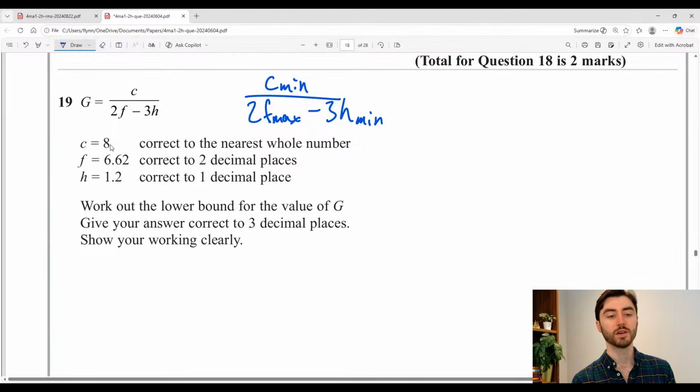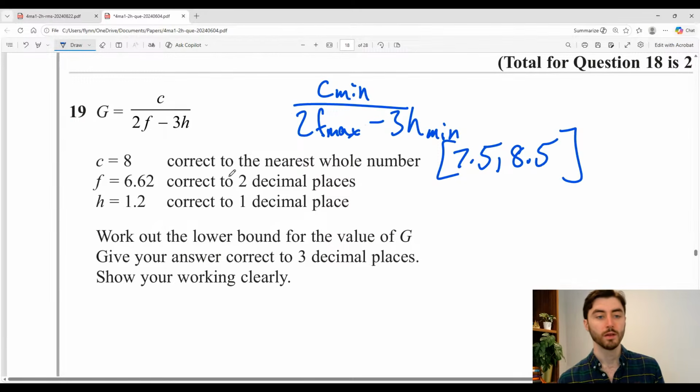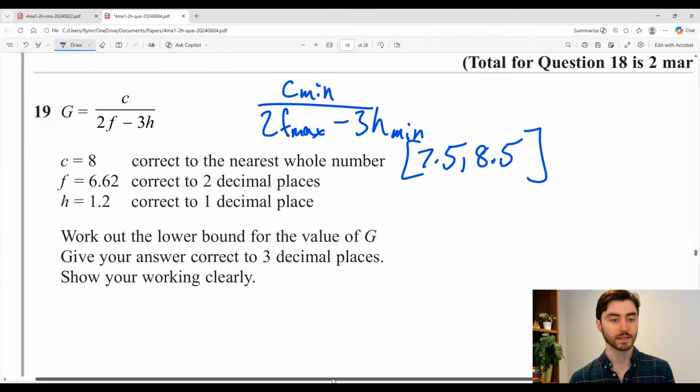So 8.0 plus 0.5 gets me up to 8.5. 8.0 minus 0.5 gets me to 7.5. So that's that interval. For f, we're going to add one decimal place to make it 6.620, and it's that 0 that we add or subtract the 5 from, turning it into 6.615 up to 6.625.